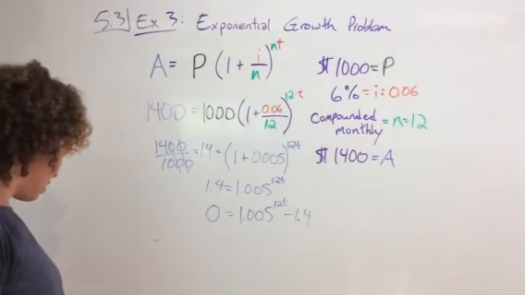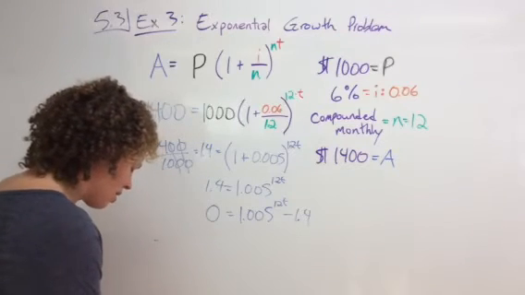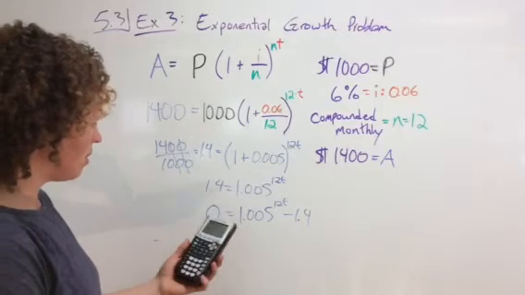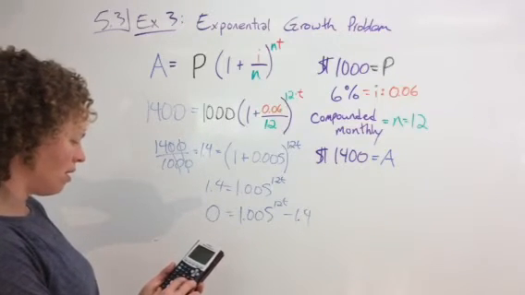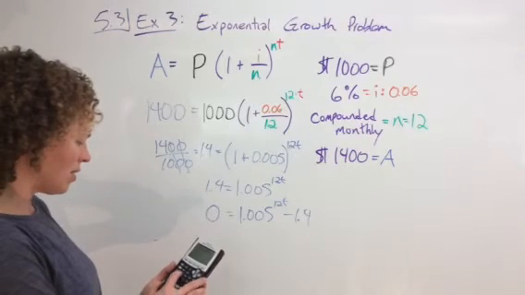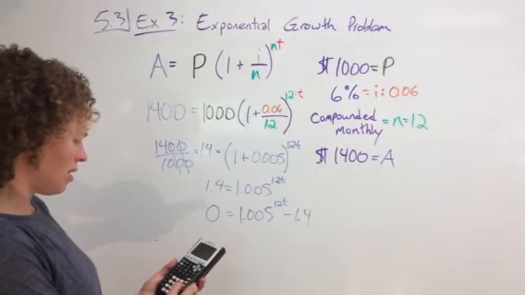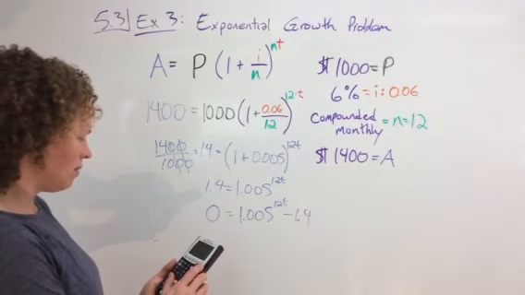What you will find is when you use your calculator for this, I'm just going to plug it in here. Y equals, so for me it's just going to be 1.005 to the power of, and I'm just going to put brackets around my 12t just to make sure that I'm not messing things up, and then minus 1.4, graph it.